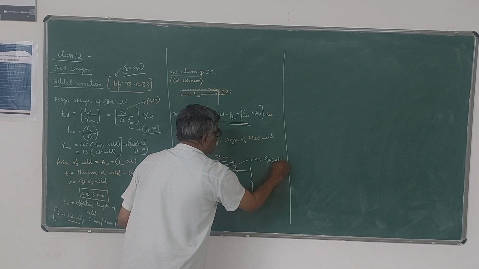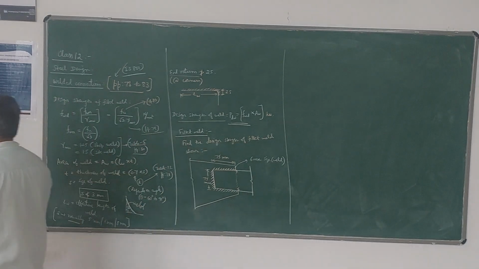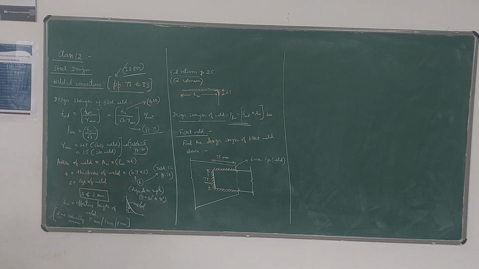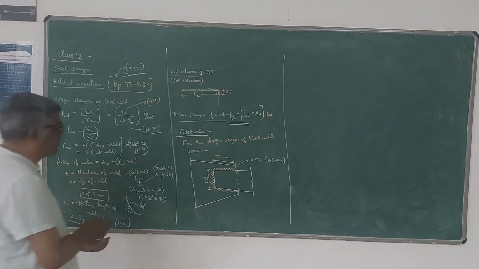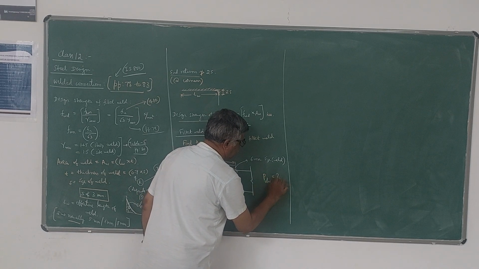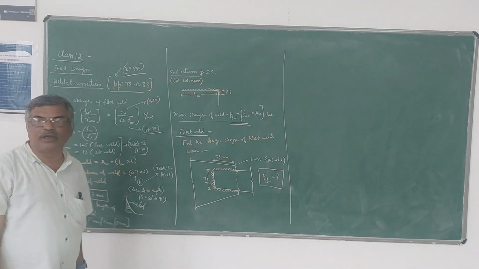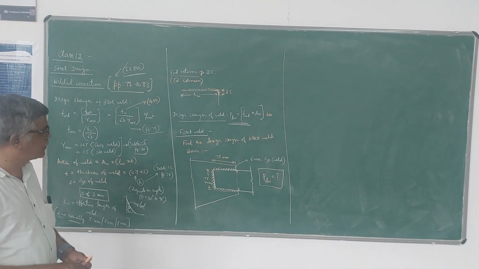Weld size is 6 mm, that is, S value is 6 mm. Now we have to find out the design strength of the weld, that is the PDW value for this. So we have this formula, PDW is equal to FWD into AW.